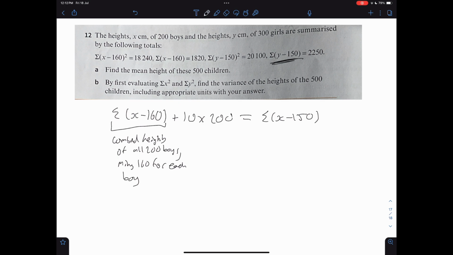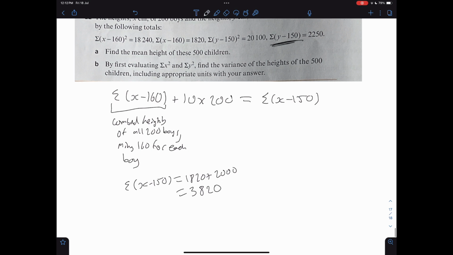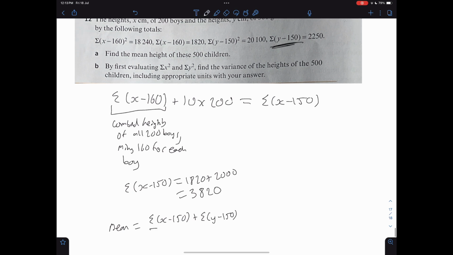So then we'll compute this, the sum of (x − 150), that is equal to 1820 plus 2000, which is equal to 3,820. So now for our mean, we can add these two, divide it by the total number, which is going to be 500, which is 200 plus 300.